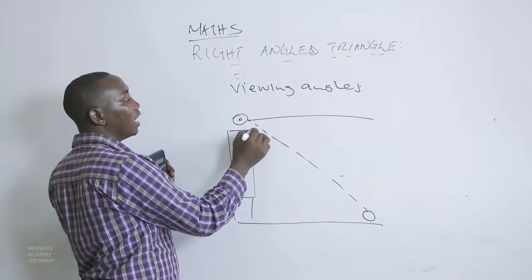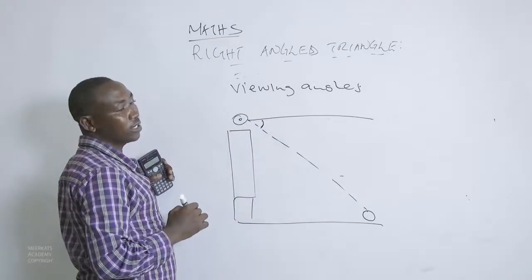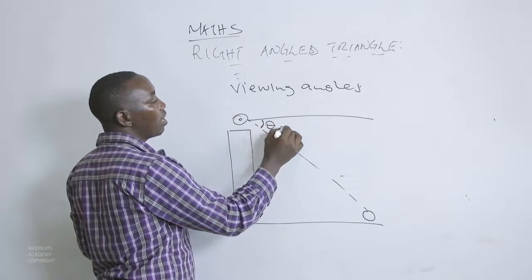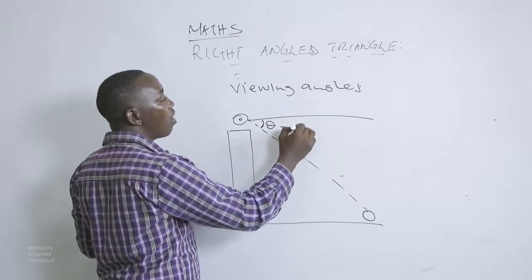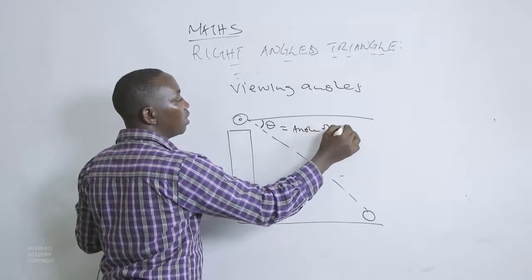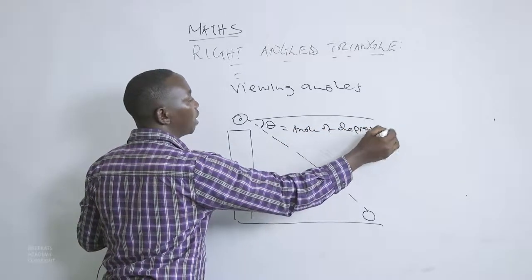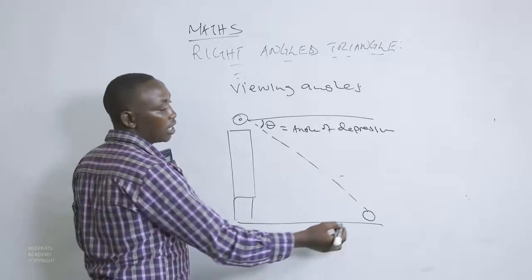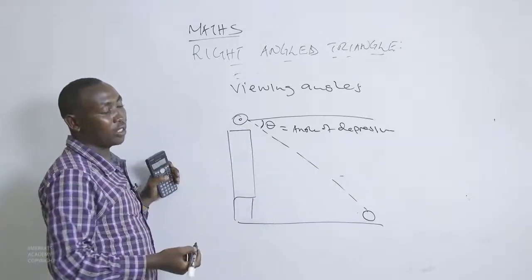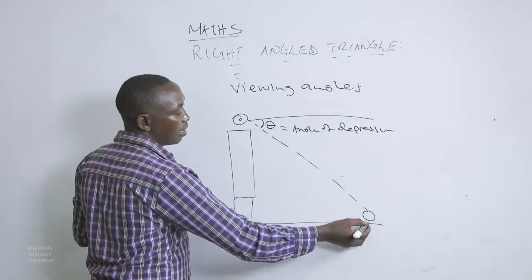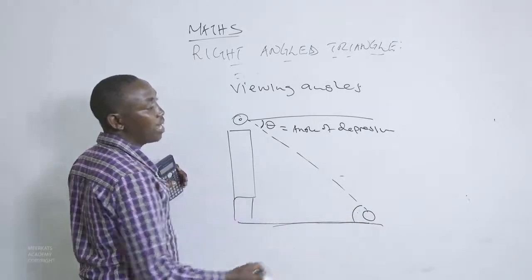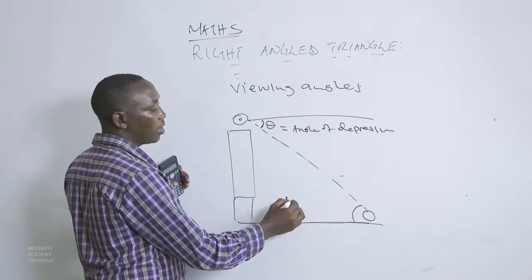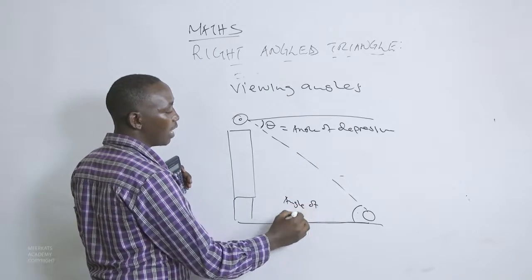If this is the viewing side, then this angle formed here is normally called the angle of depression, or the depression angle. And if it was the opposite, you are here and you want to observe somebody at the top of the building, then this will be your normal, and the angle made is this one. This angle is normally called the angle of elevation.